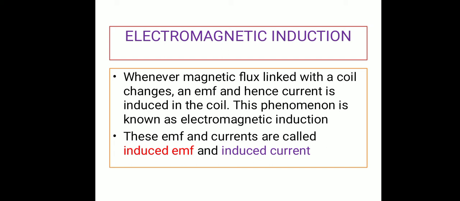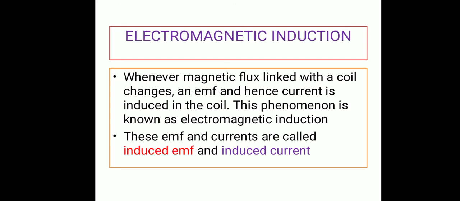Here it is very important to note that the induced current is not like the one due to an electric cell. In an electric cell, it is the chemical energy that is converted into electrical energy, that is current. But in the case of electromagnetic induction, the induced current is due to changing the magnetic flux in the coil.